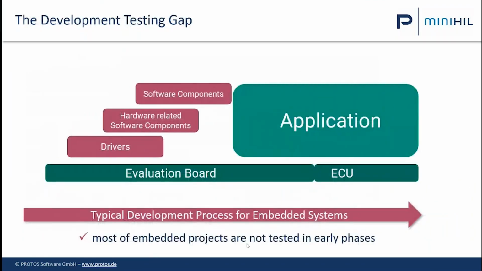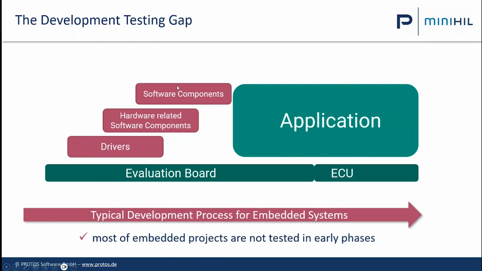Let's have a look from a different perspective, at the development process. That's a typical development process for an embedded system. You start on an evaluation board, maybe. Then you commission your drivers, you program your hardware-related software components, for example motor controllers or bus protocols, I/O-related software components.